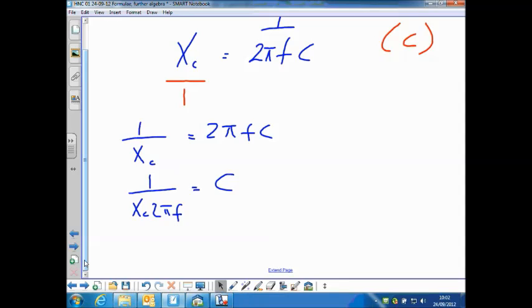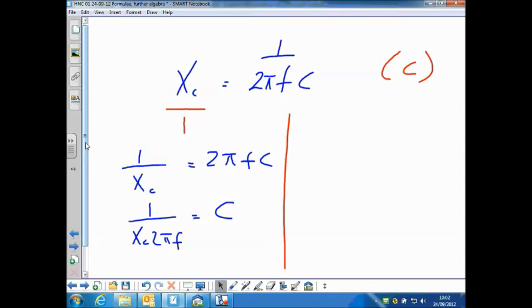The other way to think about this, and you might find this easier, is to take the original formula, and if the thing I want to isolate, which in this case is the c, is at the bottom, and I think we talked about this before, the first step is multiply both sides by c, and then it will be at the top on the other side.